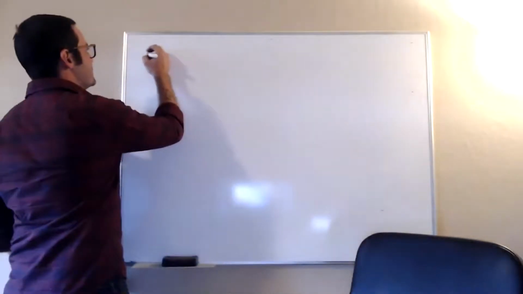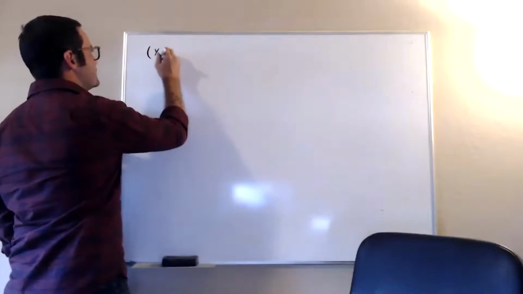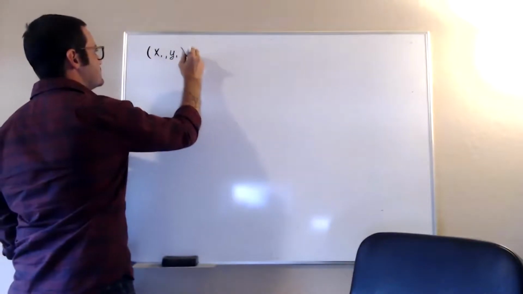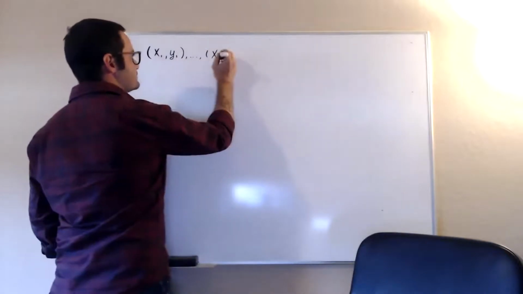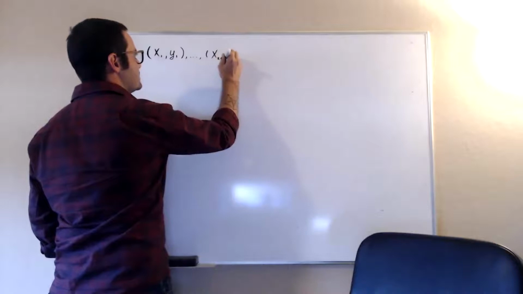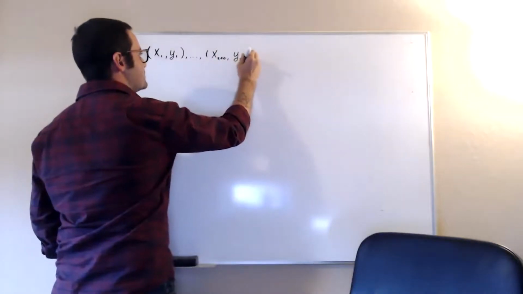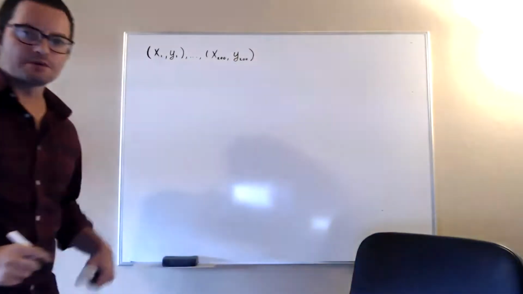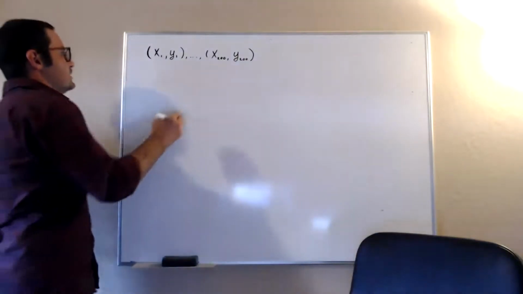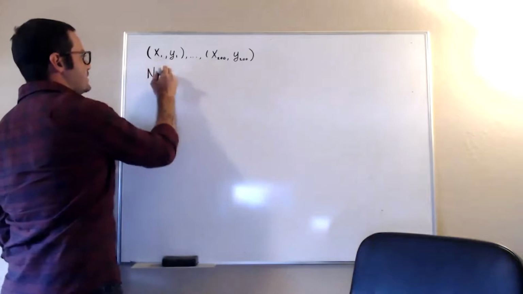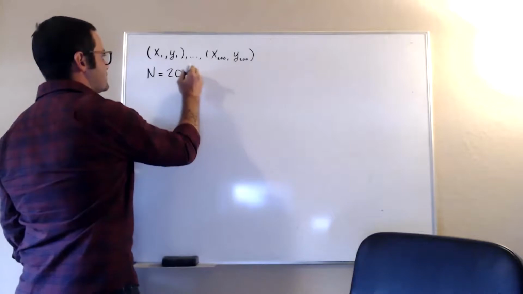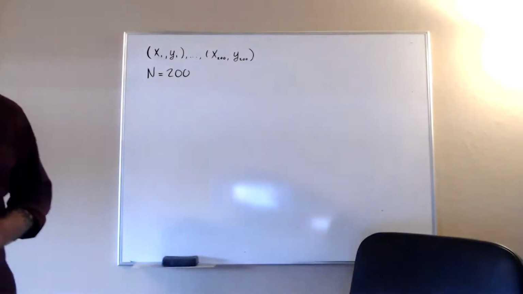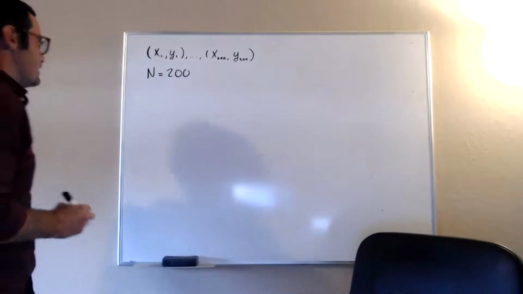Okay, so we have x1, y1, dot, dot, dot, x200, y200 as our points. Okay? So here we'll say that n, the number of data points, is equal to 200. Okay, and we want to find the best line again.